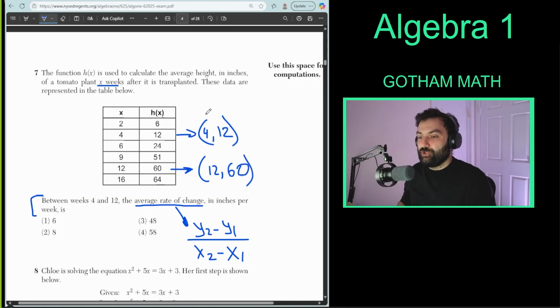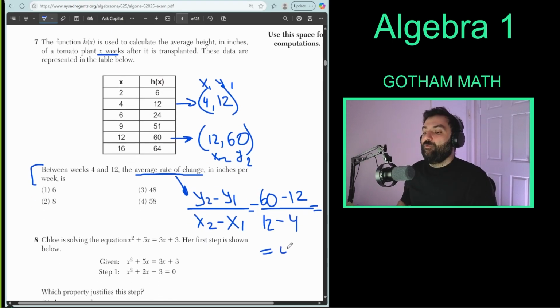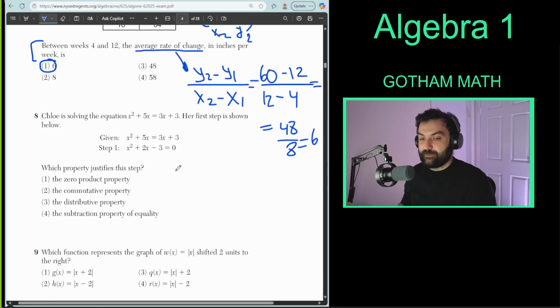How I show my students is just put x and y, 1 and 1, 2 and 2, and just plug those into this formula. That's it. 60 minus 12 over 12 minus 4, which is 48 over 8, which is 6. If you don't know how to do those calculations, do them on the calculator, but pretty basic, guys.